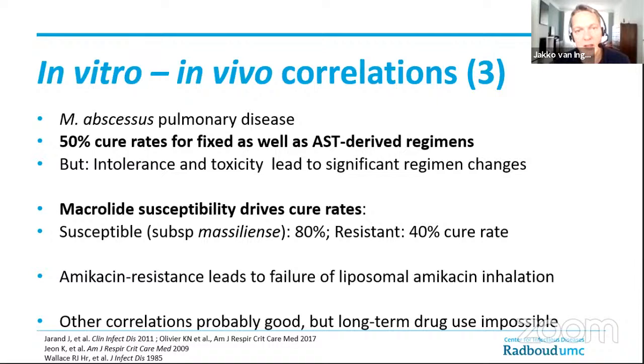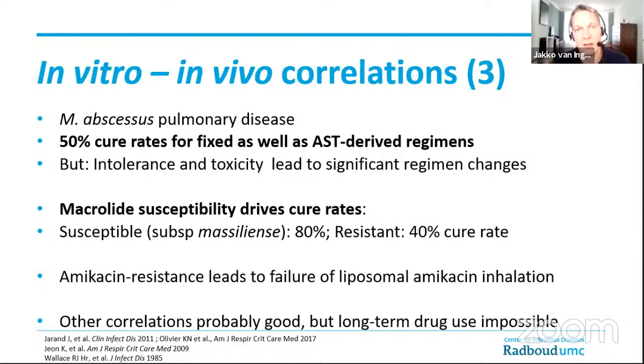The problem is, if you look at those cohorts, patients do not stay on their medications for long because of massive drug toxicity issues. So maybe they did have an active drug, but they couldn't tolerate it long enough for the drug to be truly active. So that really hampers a lot of in vitro, in vivo correlation work.